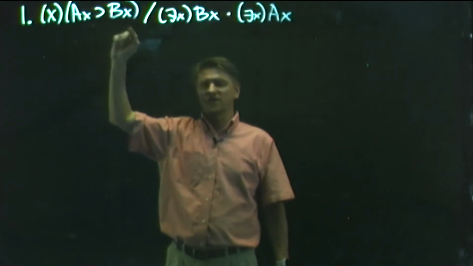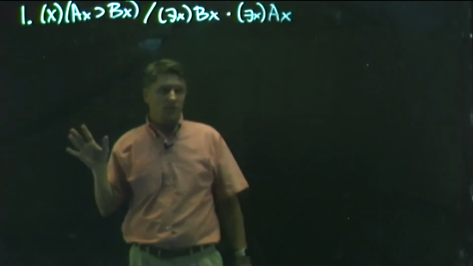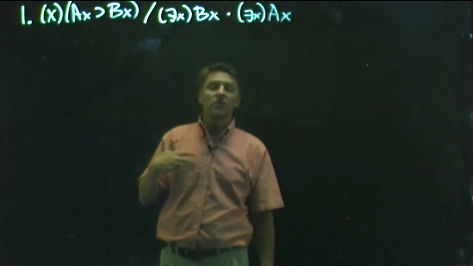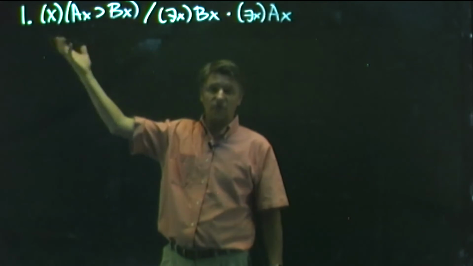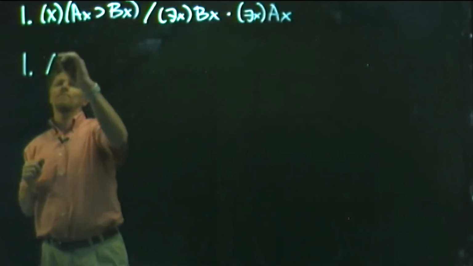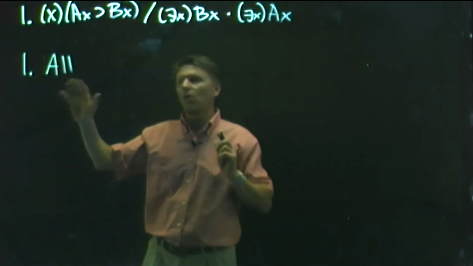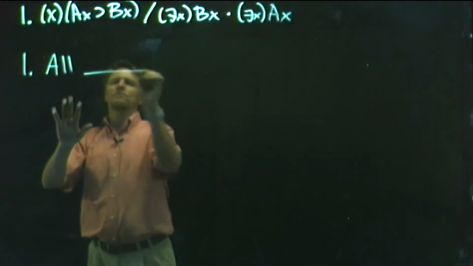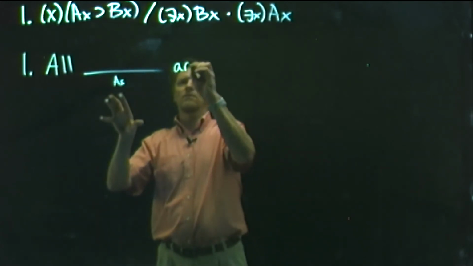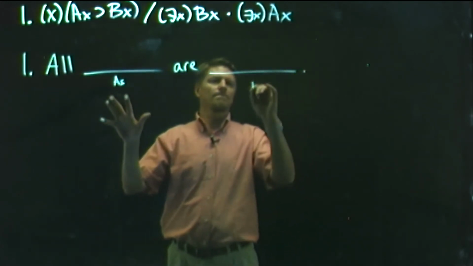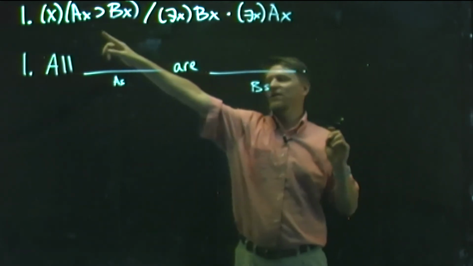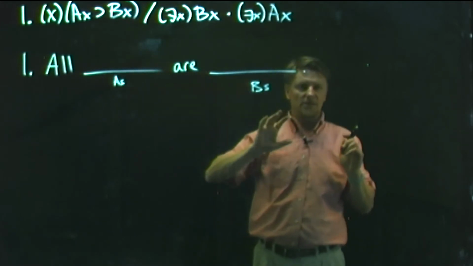If it's an A, then it's a B. But we learned in section 7.1 that there's really a more easily understood way to express the information that we see there in that statement. Right? And it's to use the word all. All A's are B's. That's what this premise is saying here. All A's are B's, okay?